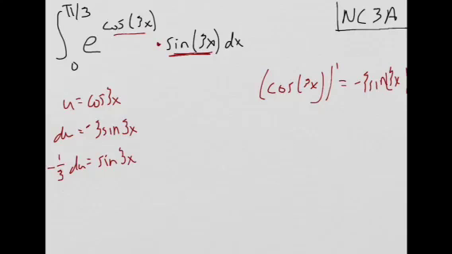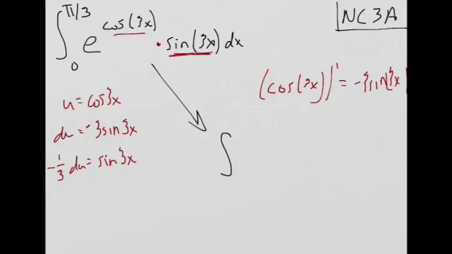And now I go ahead and do my u-sub into this integral. We've talked about this before, replacing this and this when I do u-sub. It's really important to do that, especially in this case, because it makes it a lot easier.